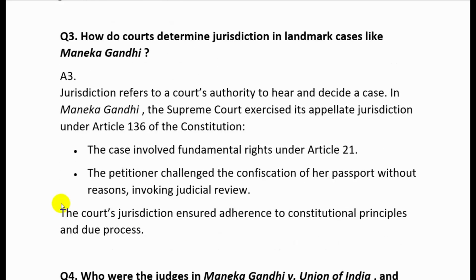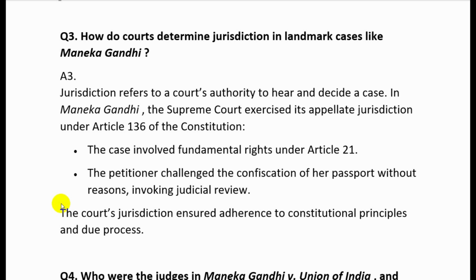Next, how do courts determine jurisdiction in landmark cases like Maneka Gandhi? Jurisdiction refers to a court's authority to hear and decide a case. In Maneka Gandhi, the Supreme Court exercised its appellate jurisdiction under Article 136 of the Constitution.